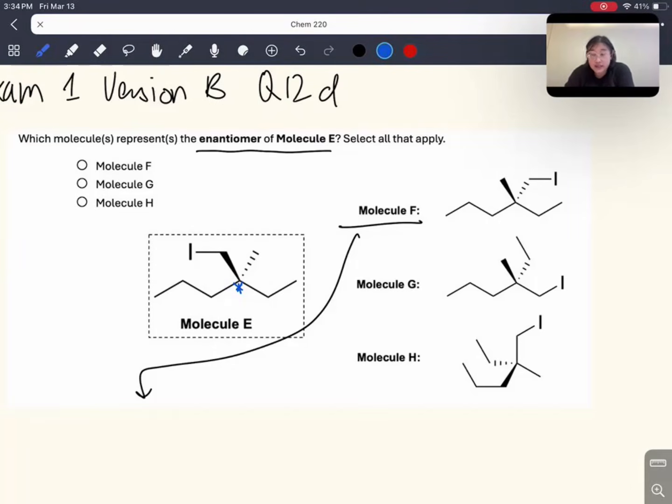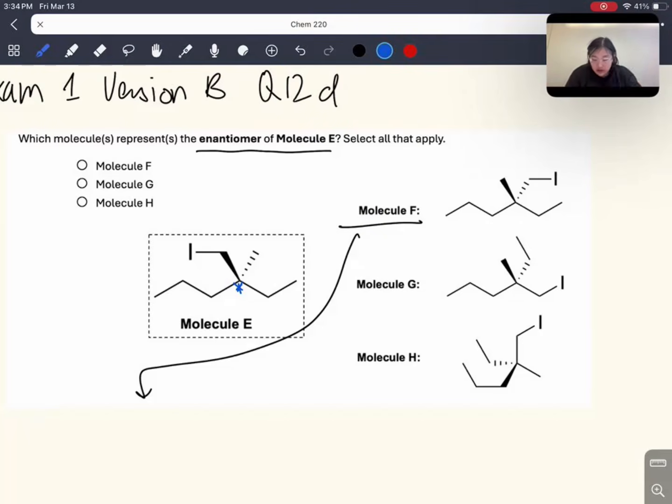We don't ask you to label chiral centers R/S in this class, but I think that knowing how to label chiral centers in R/S makes these kinds of problems much easier, just because sometimes it can be hard to flip molecules around.